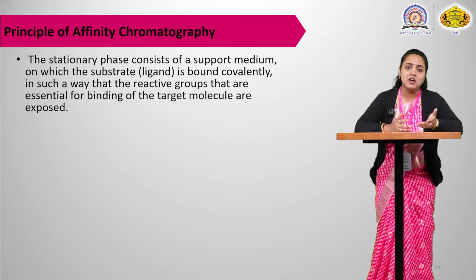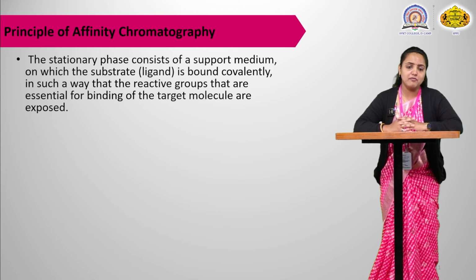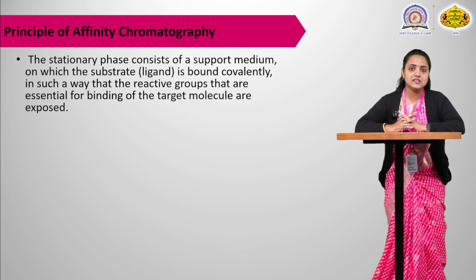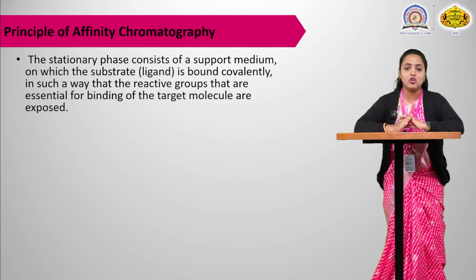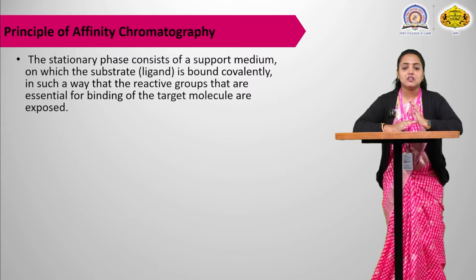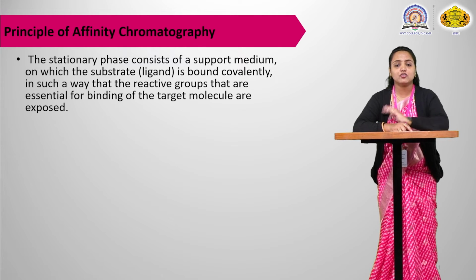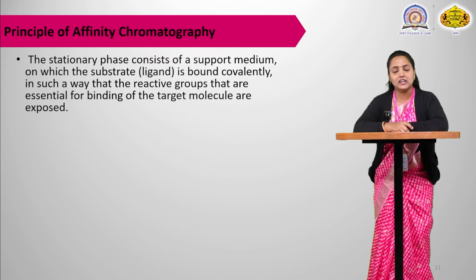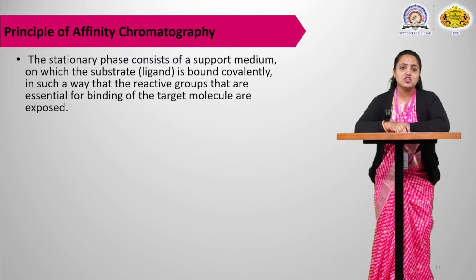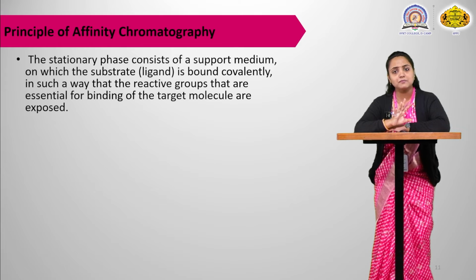It may be agarose or any other type of matrix. The stationary phase consists of a support medium on which the substrate or ligand is bound covalently, with reactive groups essential for binding the target molecule exposed. Your ligand can be attached to a spacer arm in the column.